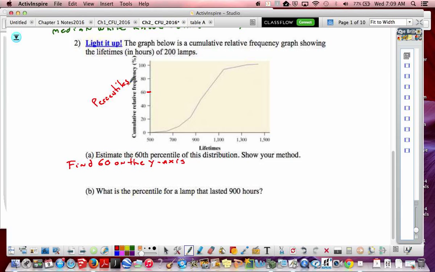Then what you want to do next is read over to the graph and then read down to the x-axis for your answer.